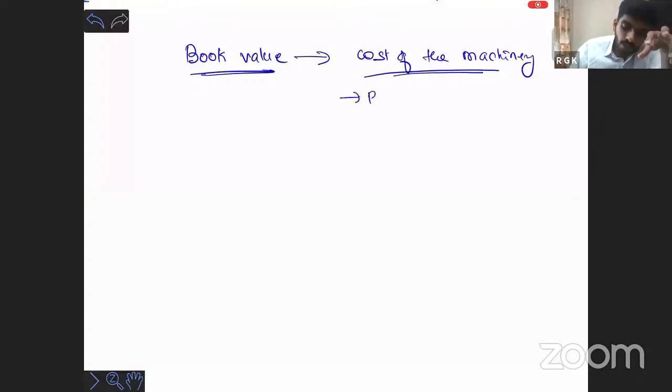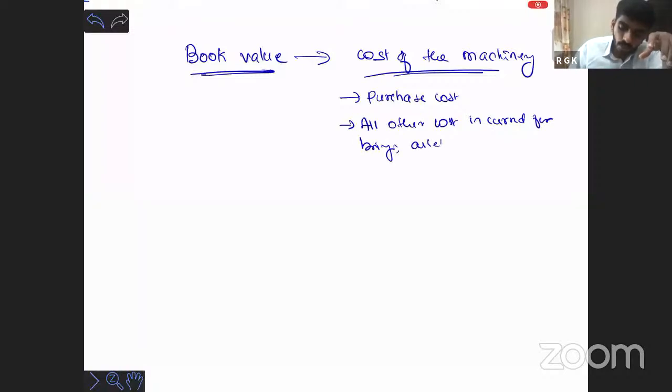One is the purchase cost and all other costs incurred for bringing the asset into its present location and condition.